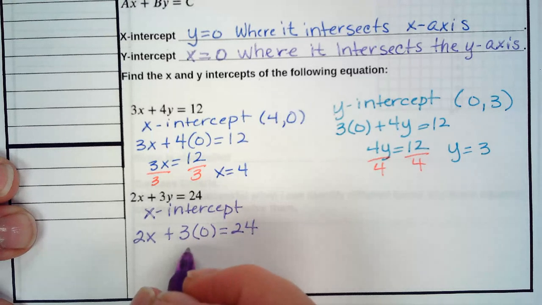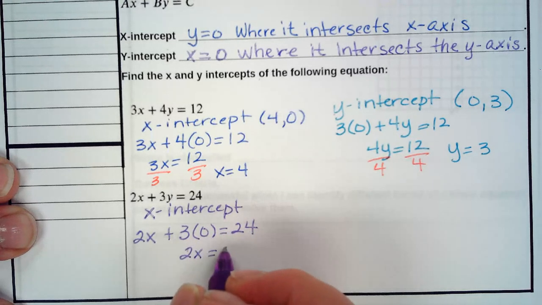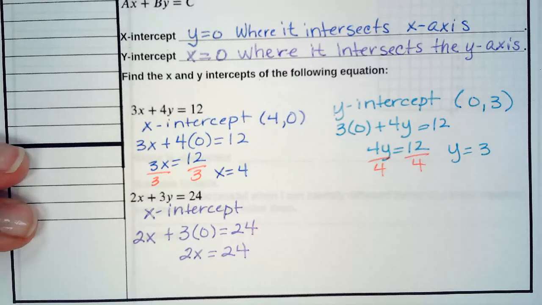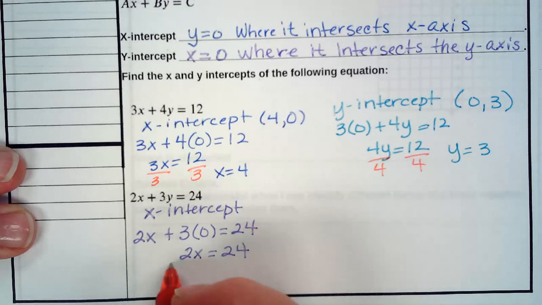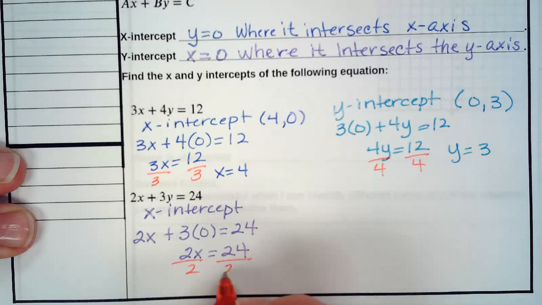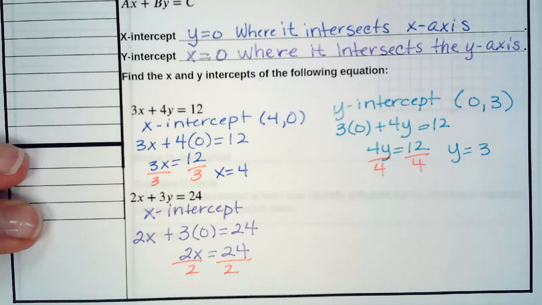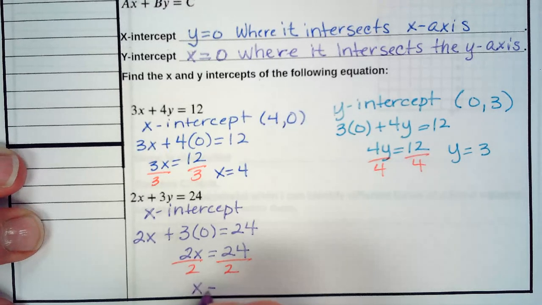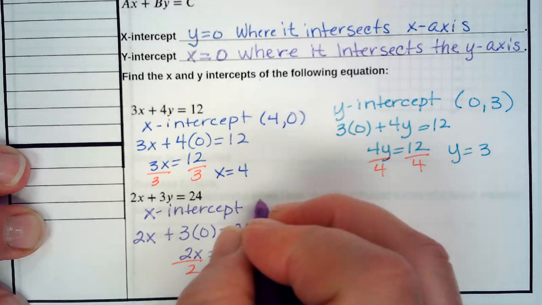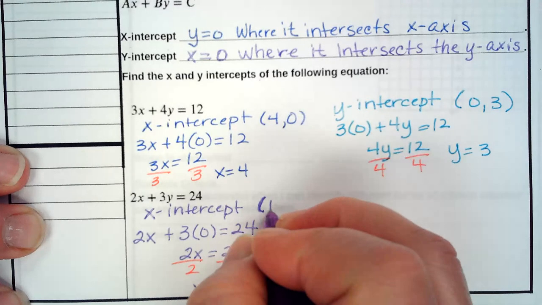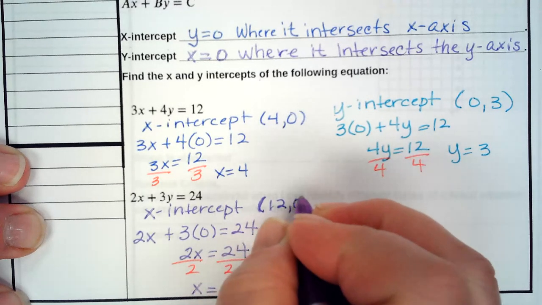This term is gone, so 2x is equal to 24. Divide both sides by 2. I keep giving you the answer. X is equal to 12. So your x-intercept is the point 12, 0.